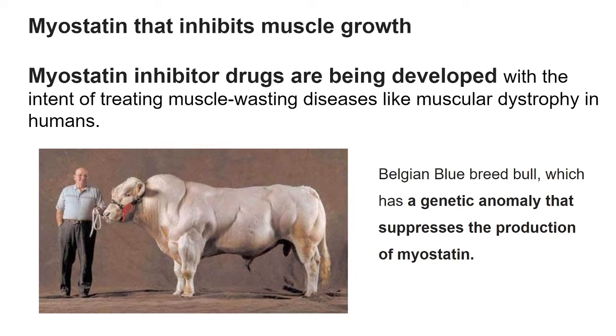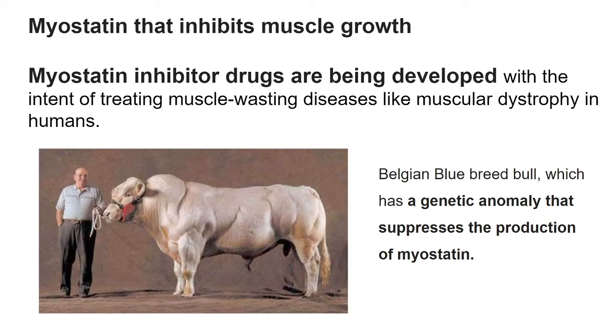So if you stop that myostatin from inhibiting those muscles from being developed, it would hopefully allow them to continue to grow the muscles and limit the effects of muscular dystrophy.